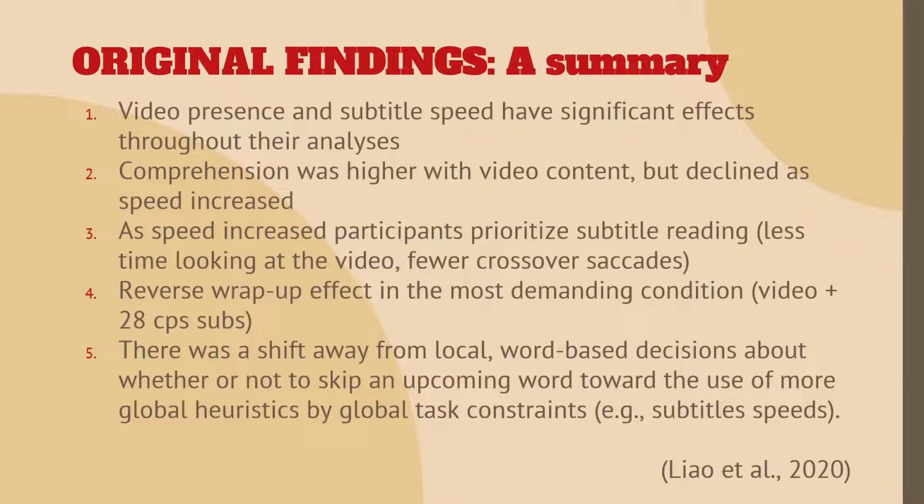If that enters the equation, there is no longer only word frequency and word length that affect this decision. Saccade programming is not affected only by the properties of the words, but it becomes affected also by these sort of global task demands. Okay, I will stop here.